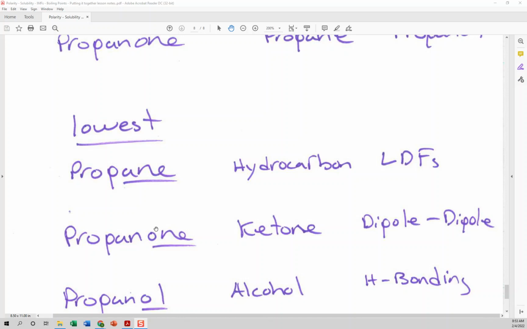So alcohols and carboxylic acids and amines, remember amines have an NH bond. So amines, carboxylic acids, and alcohols can hydrogen bond, but ketones and aldehydes and ethers and esters just have dipole-dipole interactions. Okay? And then if it's just a hydrocarbon, just London dispersion.